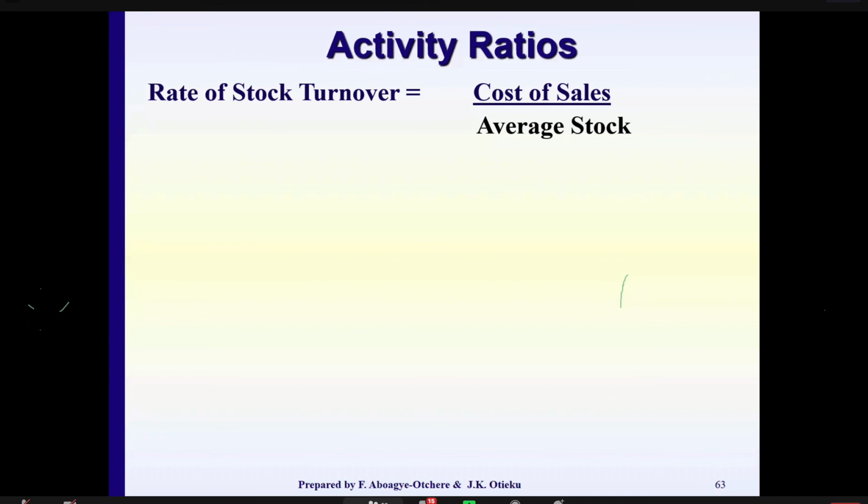And for which year? We know it's 2019 closing stock because it's 2019 closing stock that will become the opening stock for 2020. But where can we get it from? If you are computing it, where will you get that from?